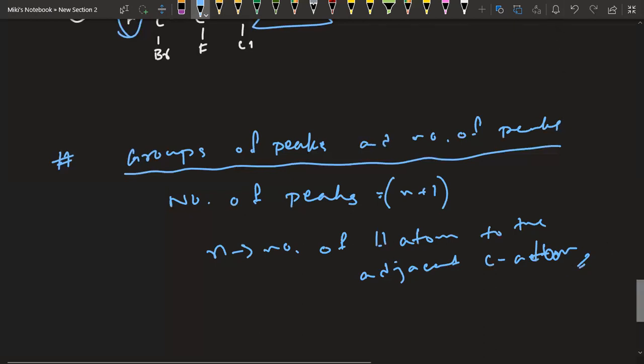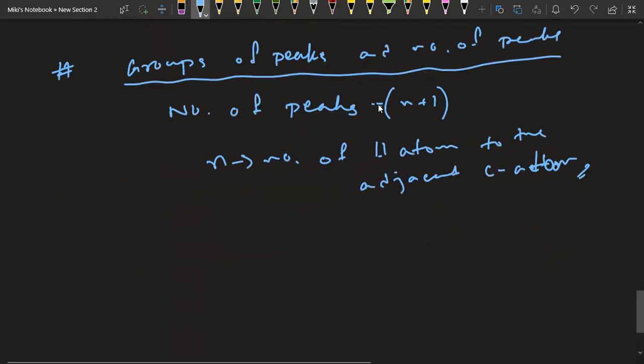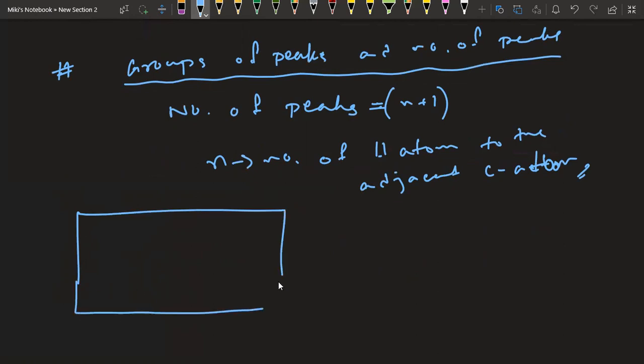Why do we need this formula? The formula is n plus 1. Number of peaks equals n plus 1, where n is the number of hydrogen. We'll be given this sort of graph. That's why it is HNMR. So let's say here the axes are marked 0, 2, 4, 6, 8, 10, and we have 12 here.